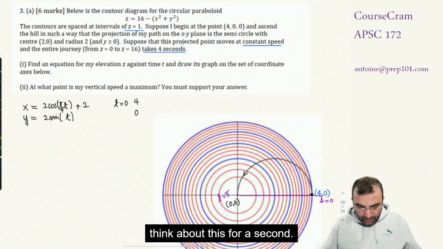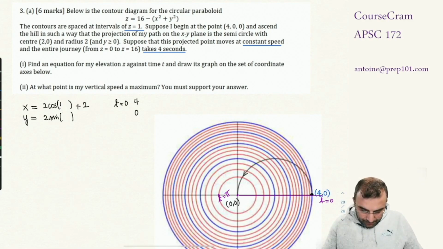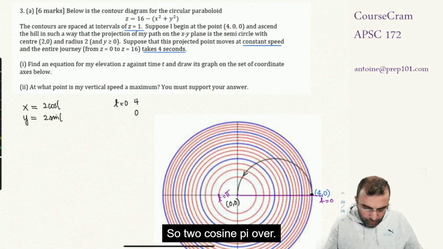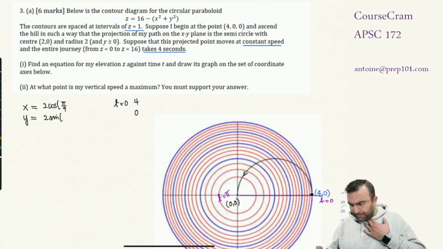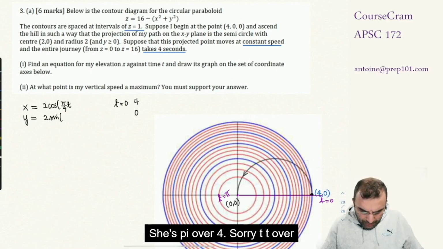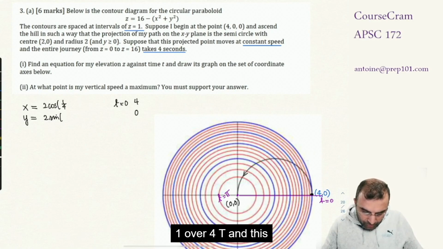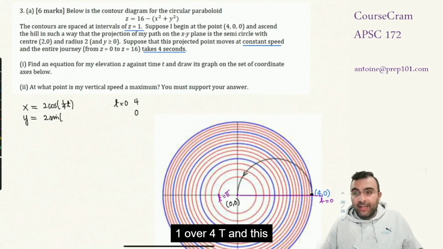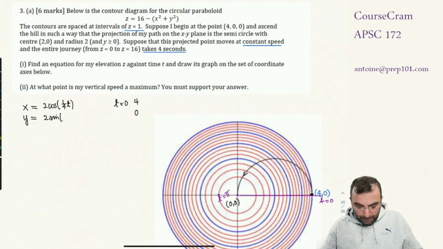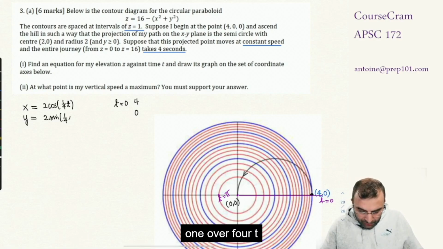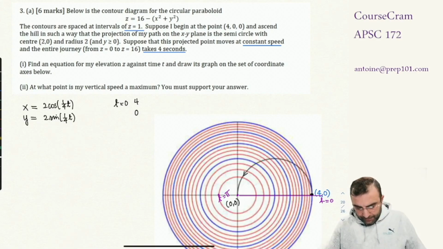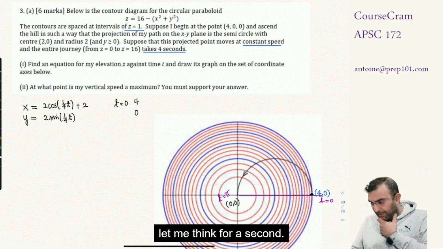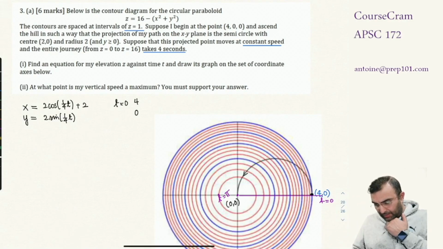Let me think about this for a second. So 2 cosine of one over 4 t, plus 2.